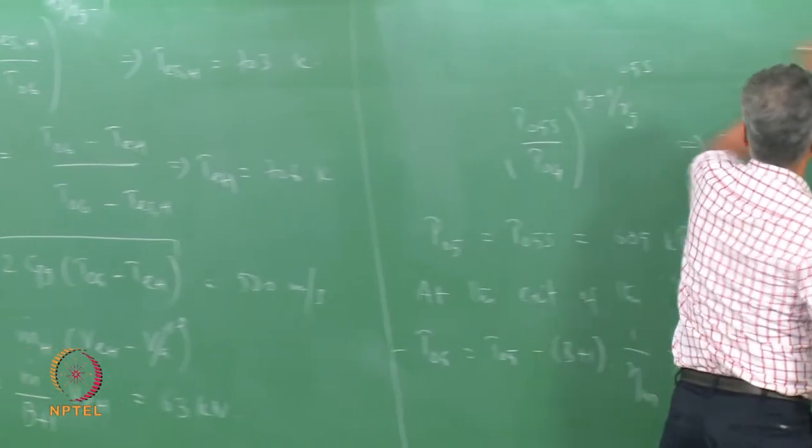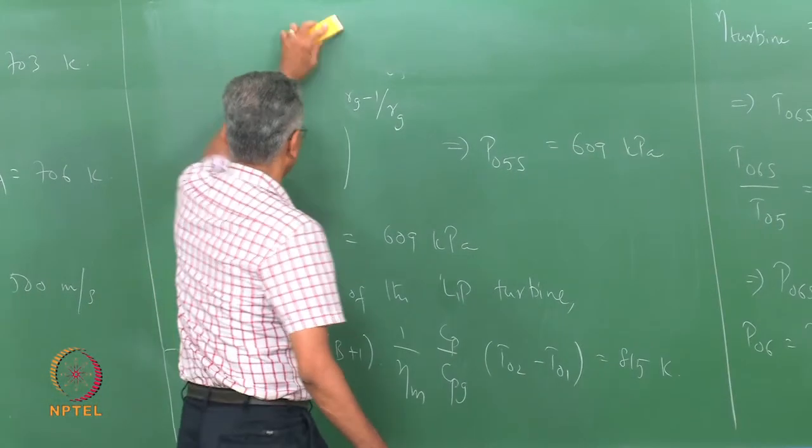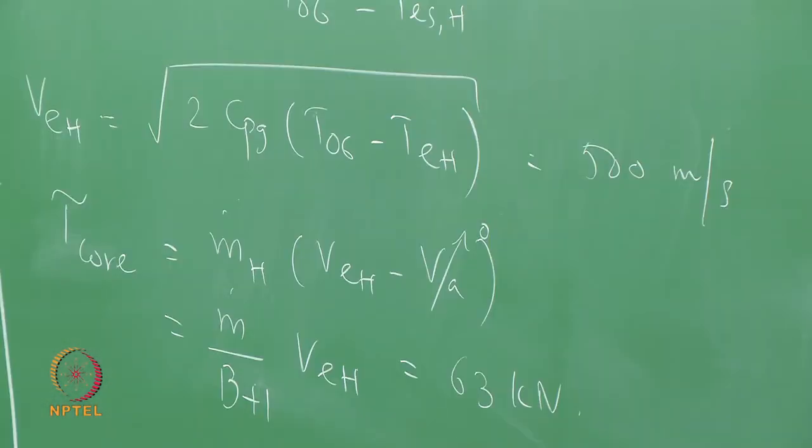The net thrust produced by the engine is the sum of the thrust produced by the fan and by the core engine.